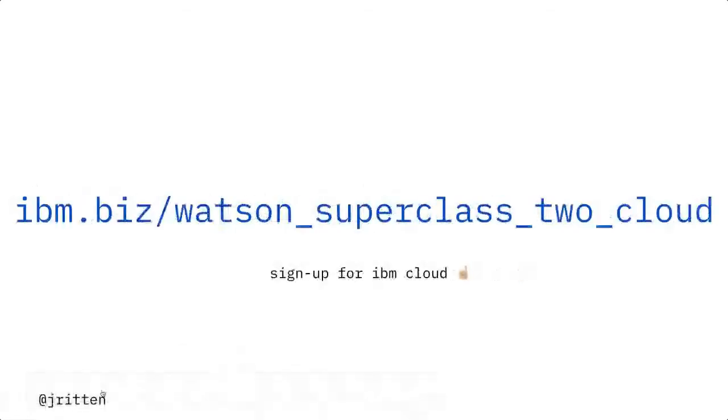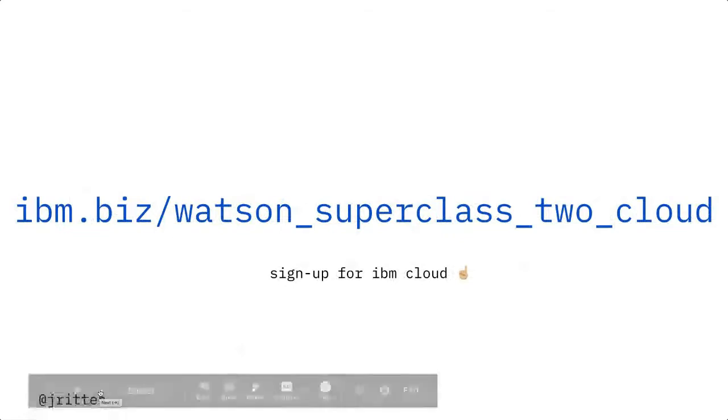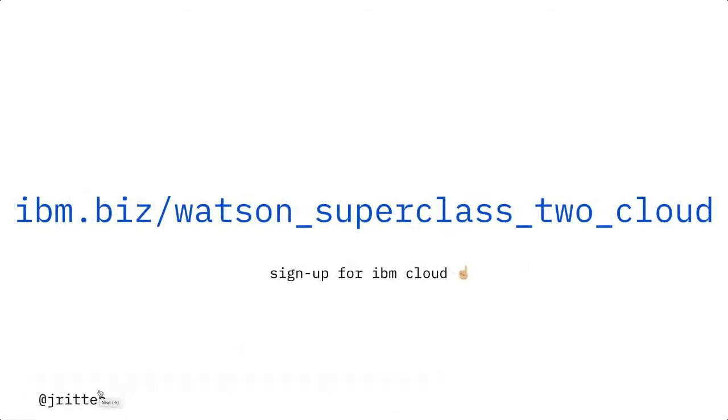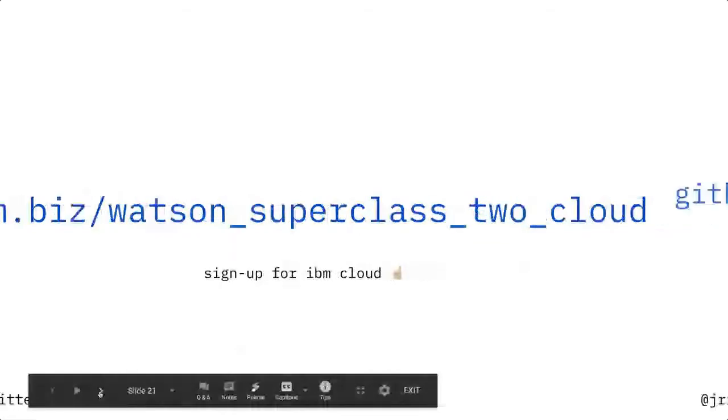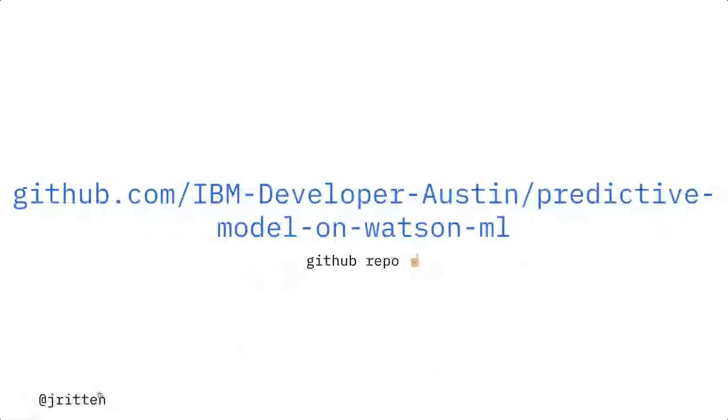If you haven't already, go ahead and sign up for your free IBM Cloud Lite Tier account, or go ahead and log in. Again, the link to do that is right at the bottom of the screen where it says IBM Cloud sign up. You can click there to log in as well. And then this is the repository.